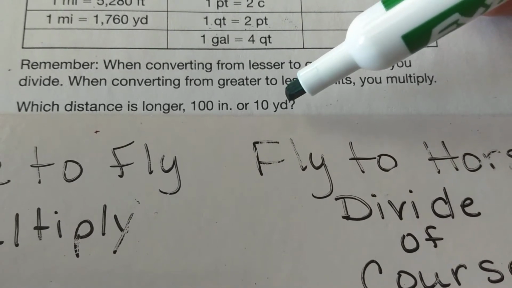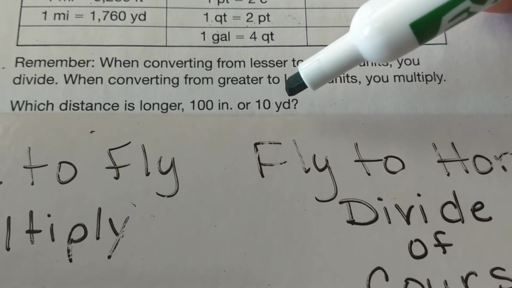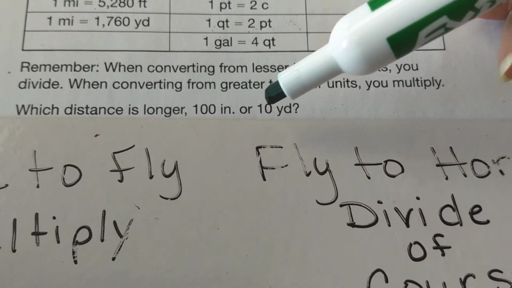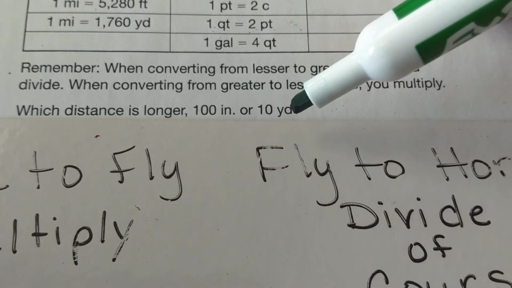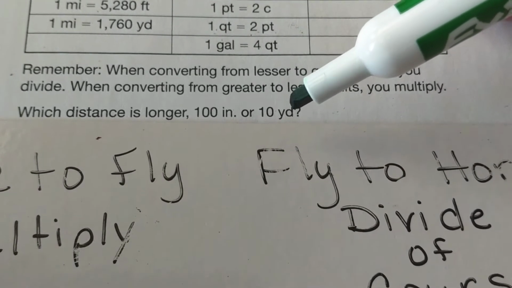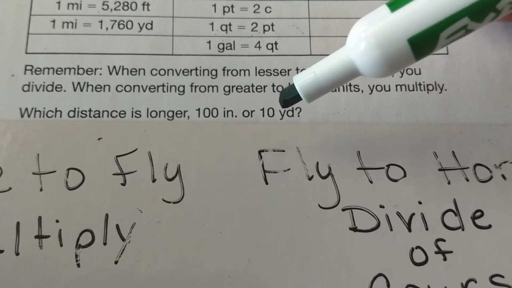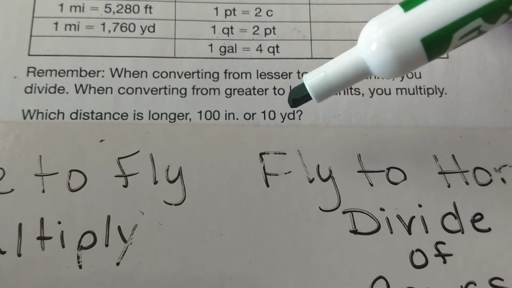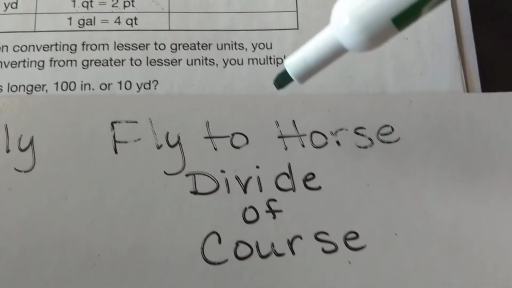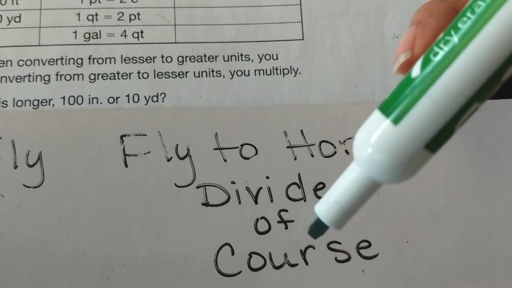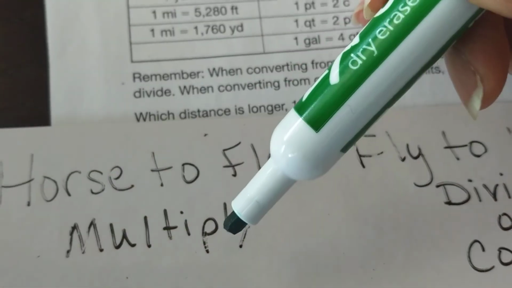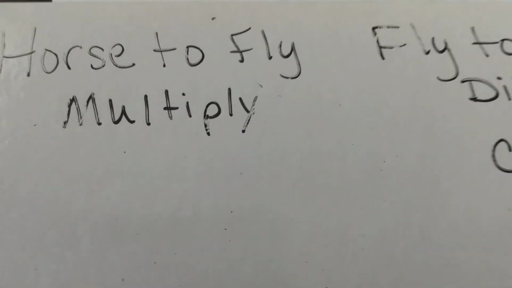Yards, of course, okay? It's always easier to multiply than it is to divide. So when you're comparing two units of measurement, such as inches and yards, always start with the yards. Try to multiply. Try to find out how many inches are in a yard, all right? So we won't be going from fly to horse, divide. We'll be going from horse to fly, what? Multiply. Okay, let's get started.